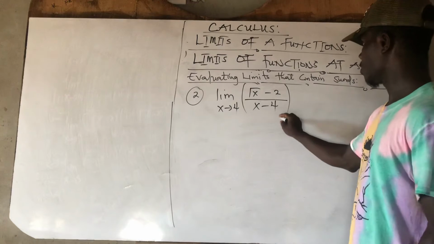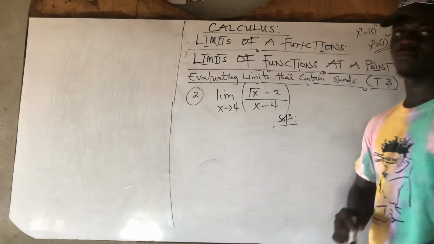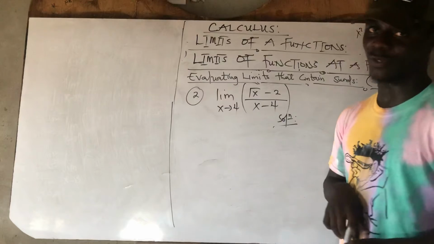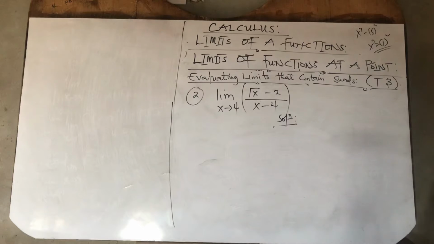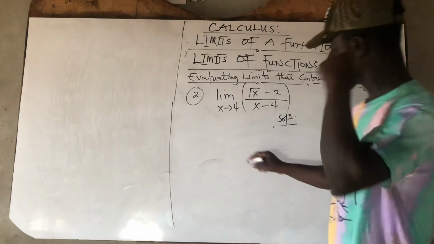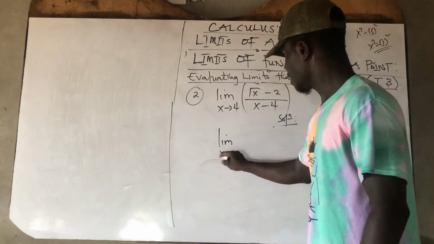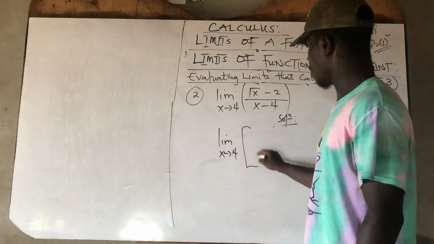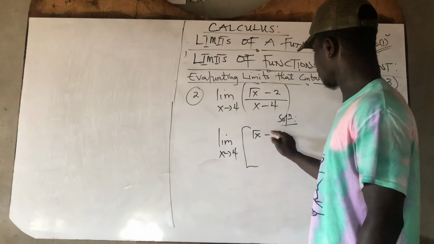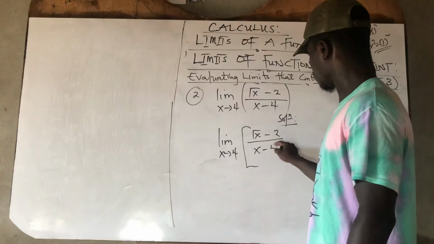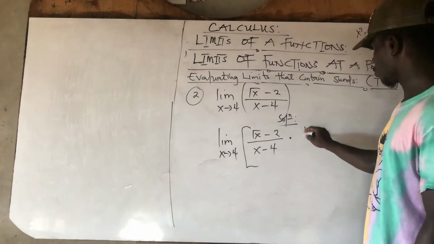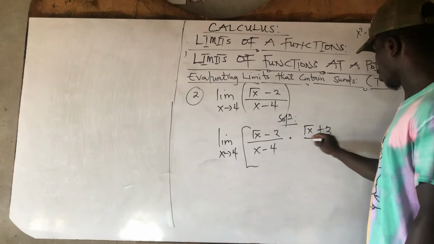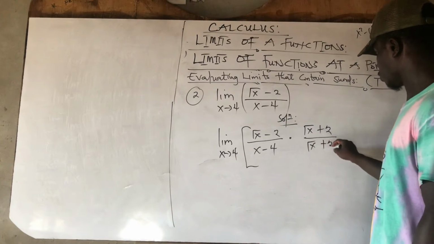So this one here, we have a surd at the numerator. It's not always you can rationalize the denominator, but you can also rationalize the numerator as well. So now here, I can take it as the limit as x approaches 4 of square root of x minus 2 all on x minus 4 times, I'll get what? The conjugate will be what? Square root of x plus 2 all on square root of x plus 2.